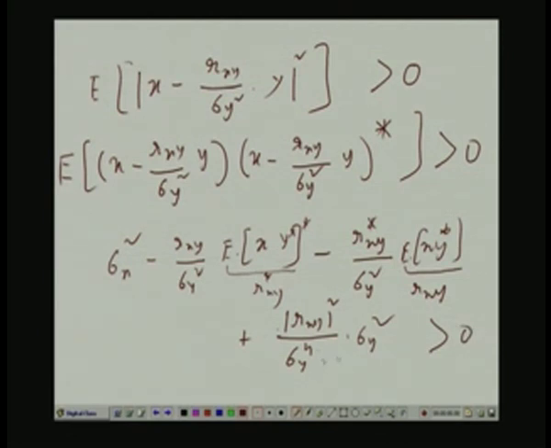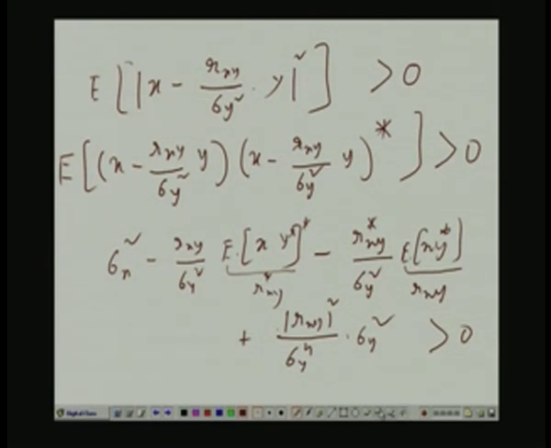Now, you can see one thing, here you get r x y into r star x y, so mod r x y square divided by sigma y square. The second term, third term also r x y star into r x y, again mod r x y square divided by sigma y square, and the last term is mod r x y square divided by sigma y square. So, three terms are the same, 2 are with minus, 1 with plus.